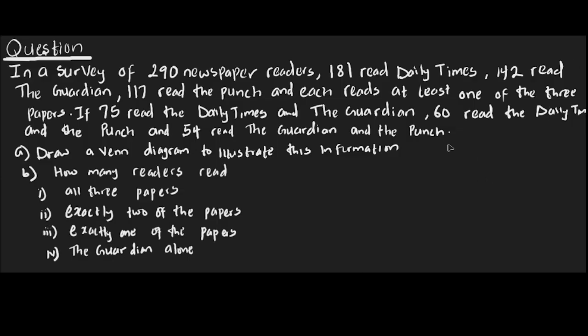Now, in this question, what we need to do is this. We would bring out the information. We have been told that in a survey of 290 newspaper readers, that means the total number of people that participated in the survey is 290.